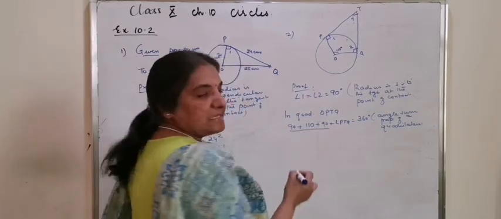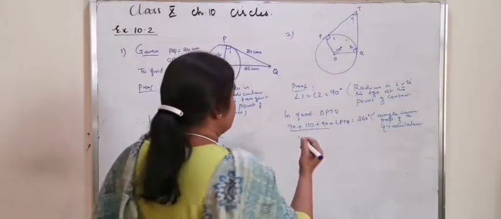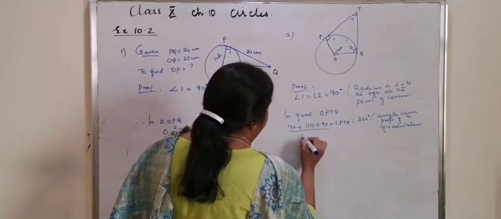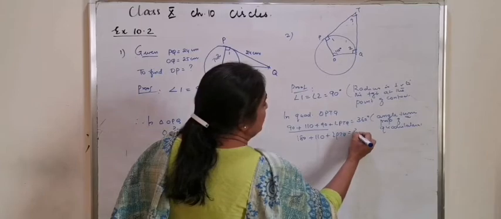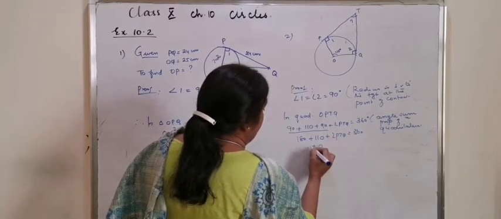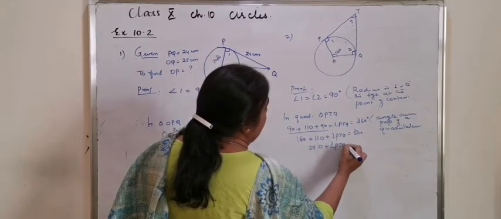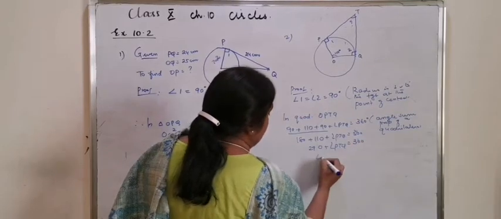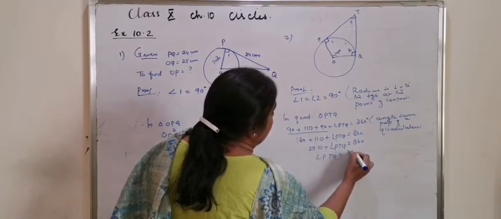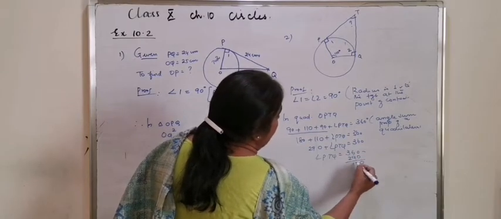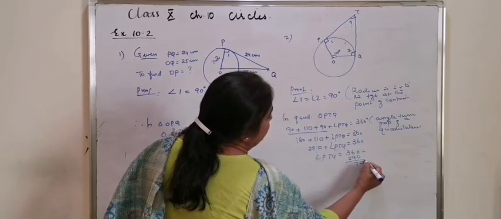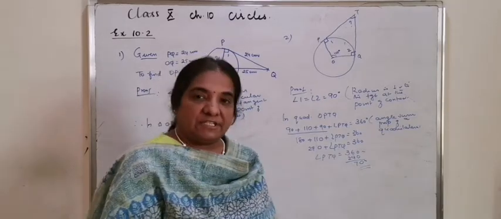So 90 plus 90 is 180, 180 plus 110 plus angle PTQ is equal to 360. 290 plus angle PTQ is equal to 360, or angle PTQ is equal to 360 minus 290, that is 70 degrees. The angle is 70 degrees.